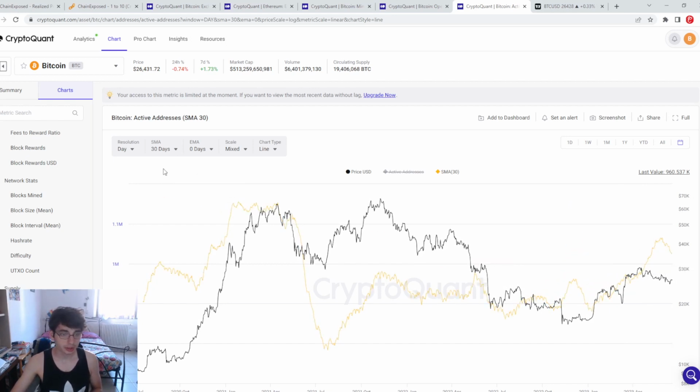We are taking into account a 30-day SMA, a monthly SMA, and you see that monthly users are getting higher, more or less to the 1 million level, the same as when we reached the all-time high last time. When we broke through the last all-time high, it was more or less right here, with the phenomenon of ordinals.